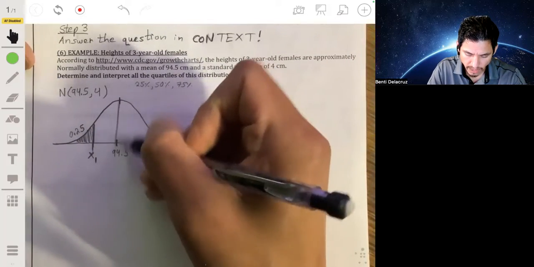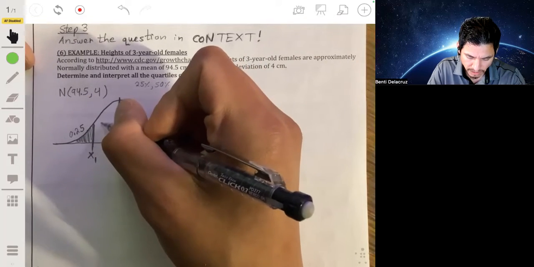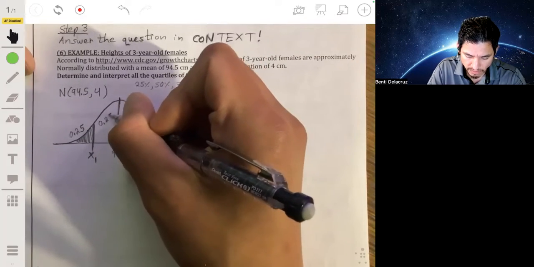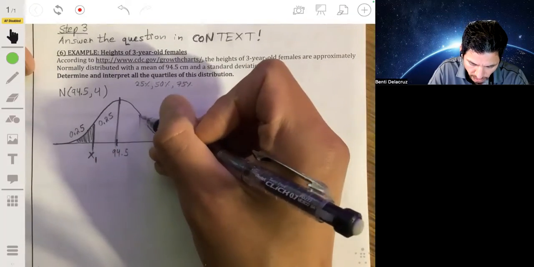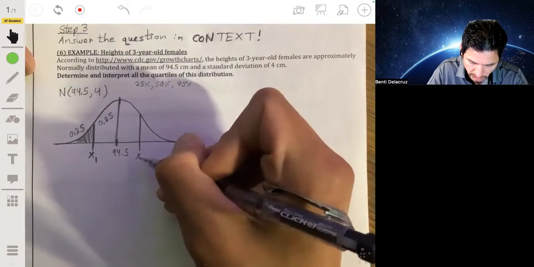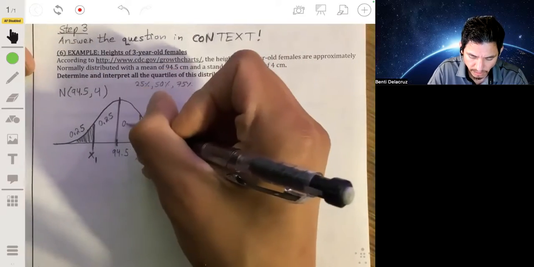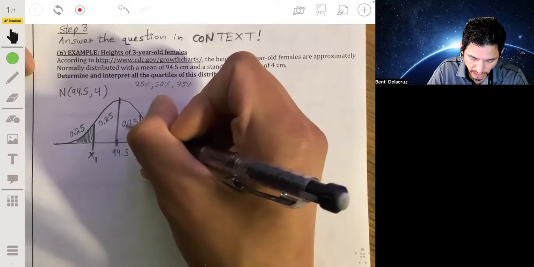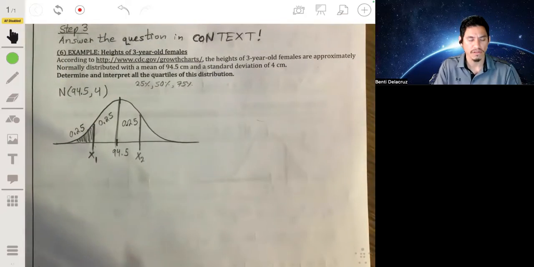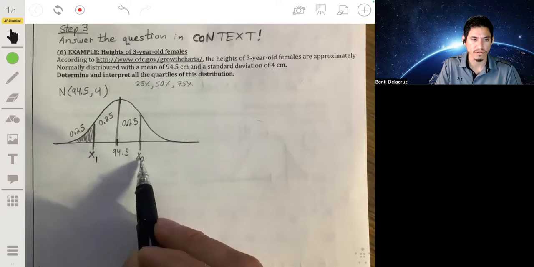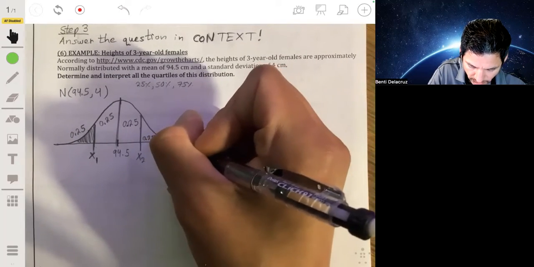The next value, or the 50th percentile, we already know because that's just the mean. And that means there's 0.25 from here to here, or 0.5 to the left of that. Our third quartile, we'll call it X2, would be 75% to the left, or another 0.25 area between there and there. And so essentially, we just want to find X1 and X2.